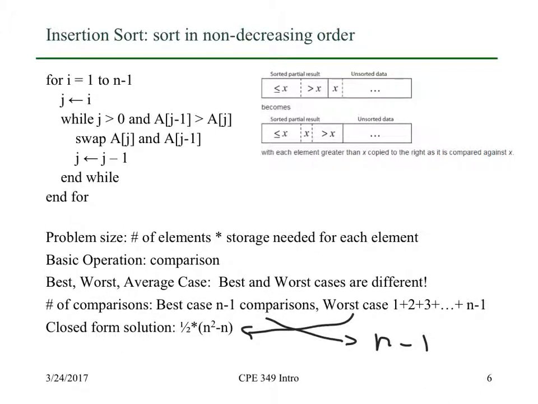So these were a couple of simple examples for determining the formula for how many times some basic operation is going to get executed. Again, we looked at an example of sorting, which is relatively straightforward.